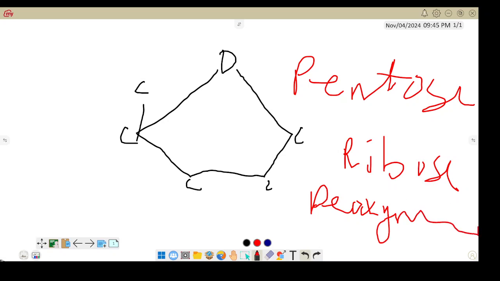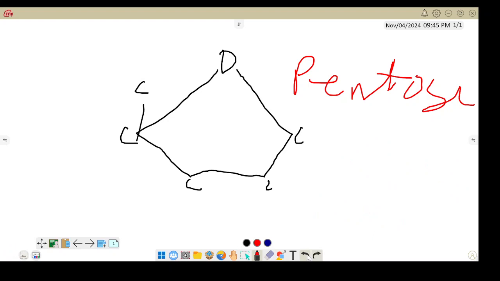So how do you know that this is a ribose, or how do you draw it? The difference is on carbon number 2. For the ribose sugar, on carbon number 2, we have hydrogen on top, and then oxygen is found down there. This is our ribose sugar.